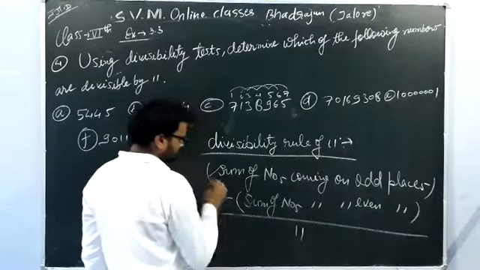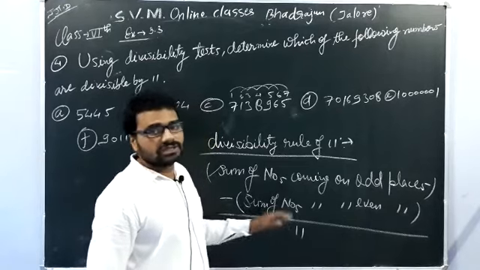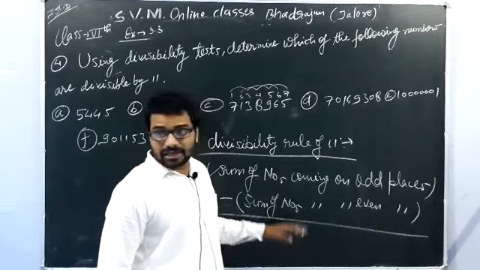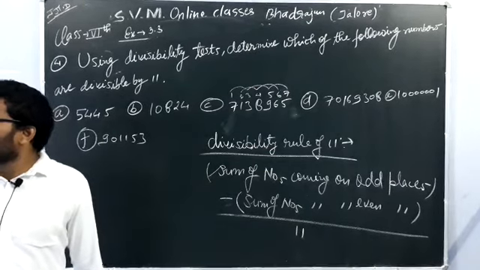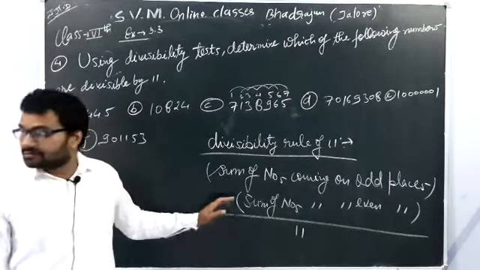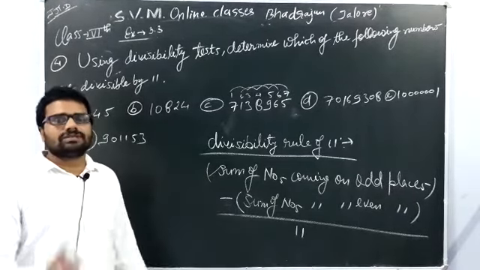When we divide this difference by 11, if 11 divides this difference, then we can say that our number is divisible by 11. If it is not divisible, then we will say the number is not divisible by 11.